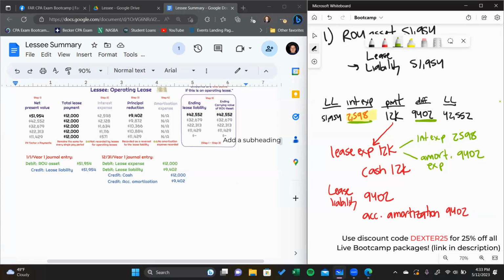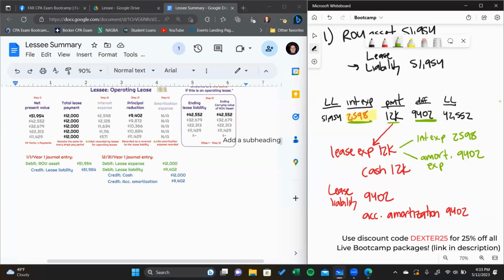So the amount of lease expense is going to be straight line. That's a feature of operating leases because the lease expense matches the payment that we make. The payment we make is going to be the same every single period, which means our lease expense will be the same every period.